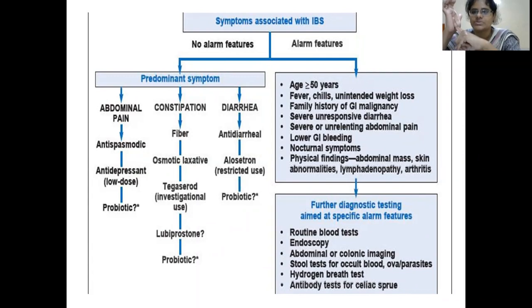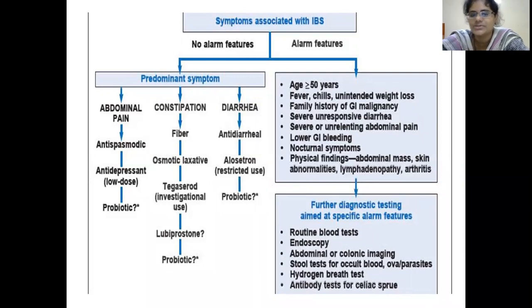And if nocturnal symptoms are there, that patient also has to be thoroughly investigated. And on examination, if you find any abdominal mass or associated skin abnormalities or lymphadenopathy or arthritis, you will find this in inflammatory bowel disease.